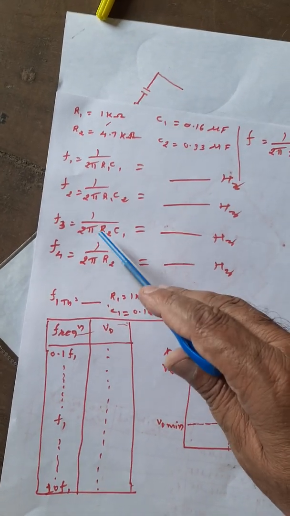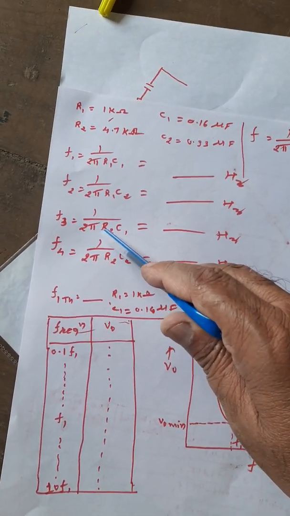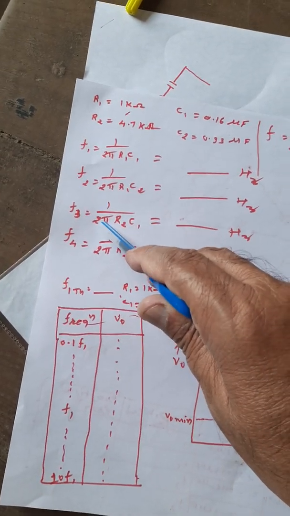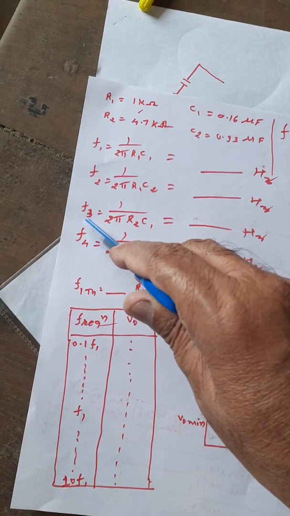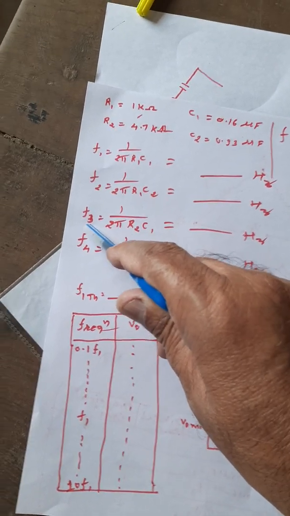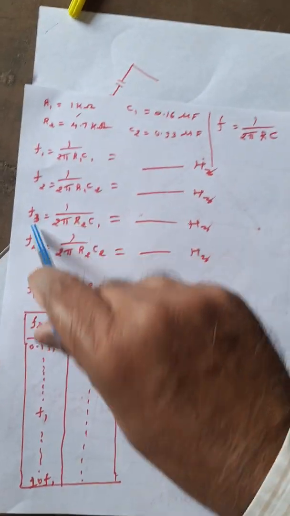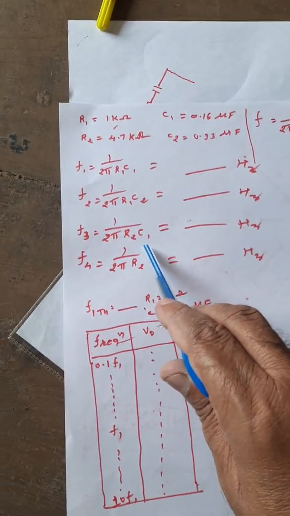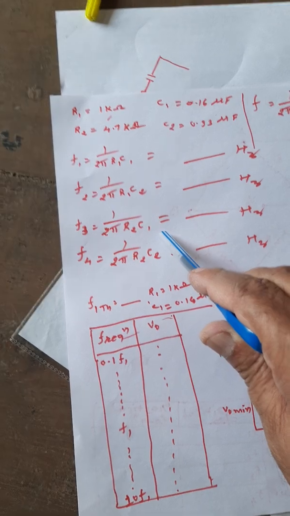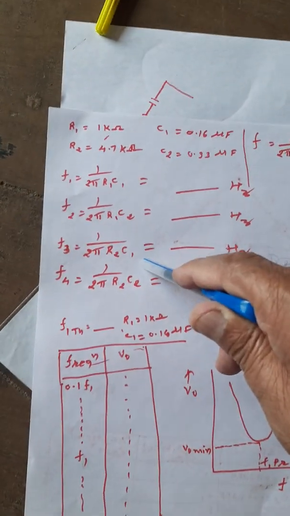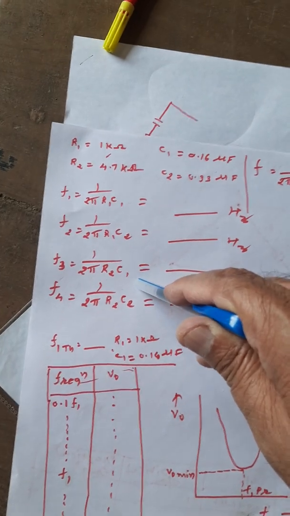For that we are using the equation and we will find the balance frequency f3. So we are going to perform the experiment by selecting the resistor value R2 and C1, so that this bridge is going to balance at a frequency equal to f3.